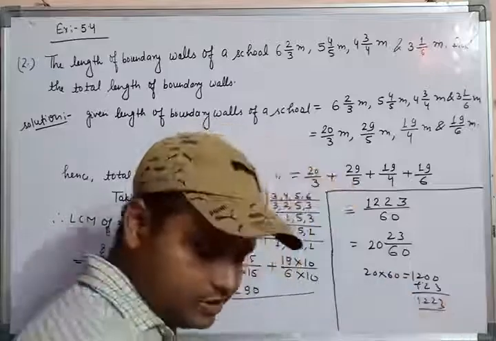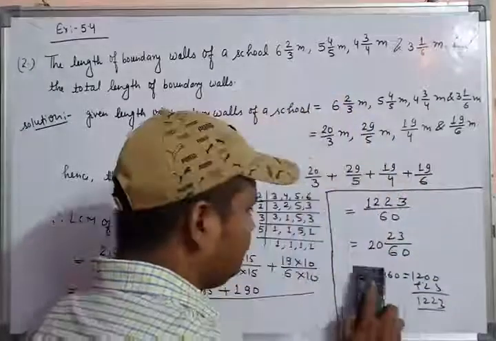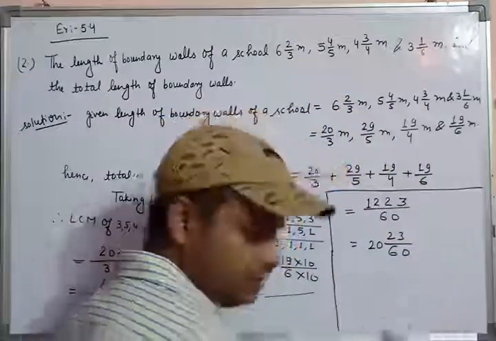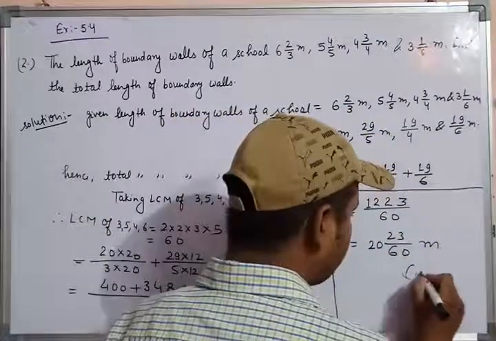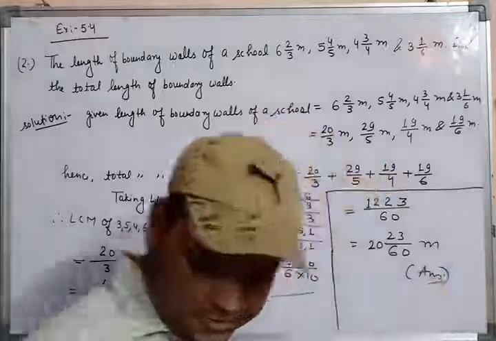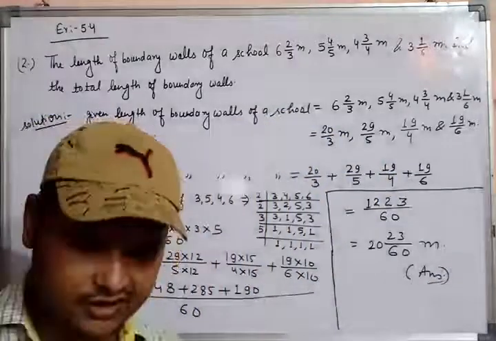Okay, so 20 and 23/60 is the correct answer, and you have to write meters. So this is the answer of this question. Let me check whether the answer is correct or not.